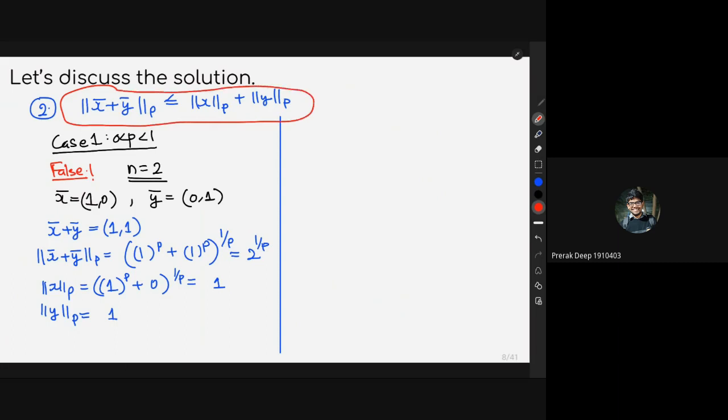But if you look closer and write down the left hand side of this inequality, you will get 2 to the power 1 over p, and on the right hand side you get 1 plus 1, which is going to give you 2. So this relation says 2 to the power 1 over p is smaller than or equal to 2.